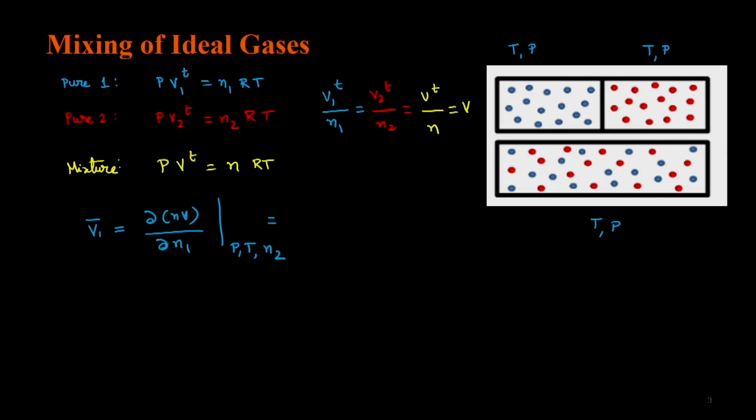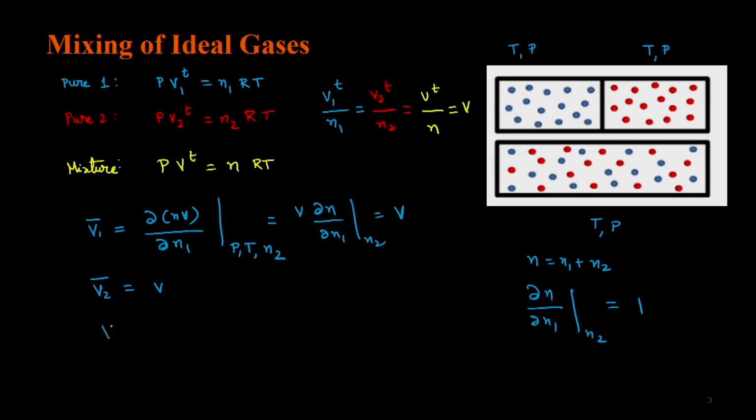And recall that N is N1 plus N2. So the derivative of N with respect to N1 at constant N2 is 1. So if I take this, once the temperature and pressure are constant, molar volume V is constant, it comes out, and then I have the derivative of N with respect to N1 at constant N2, which will be V, right? And similarly, V2 bar will also be equal to V.